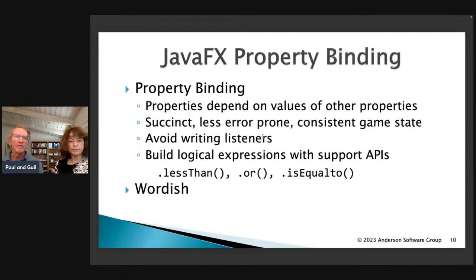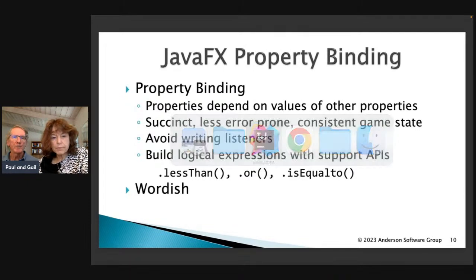In the JavaFX APIs, there is a large set of logical expressions that you can use, and here's just what they look like. And when you write your Java code, you use the builder pattern, consecutive dots with these calls. So it's very, very readable and very, very easy to do. So Gil's going to show you some examples now of property binding in the Wordish application.